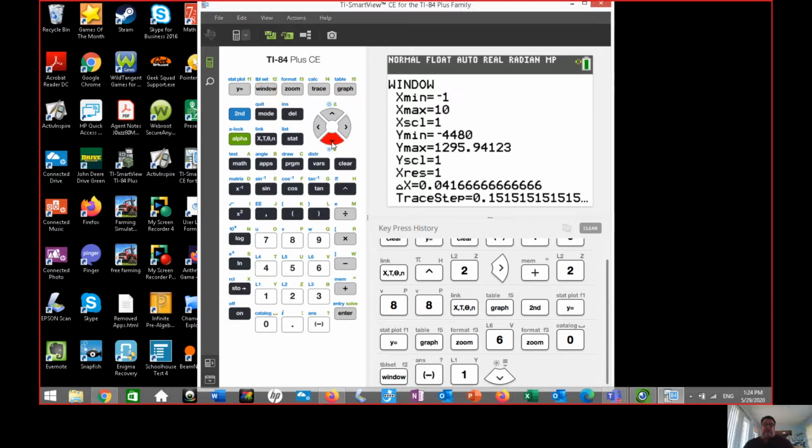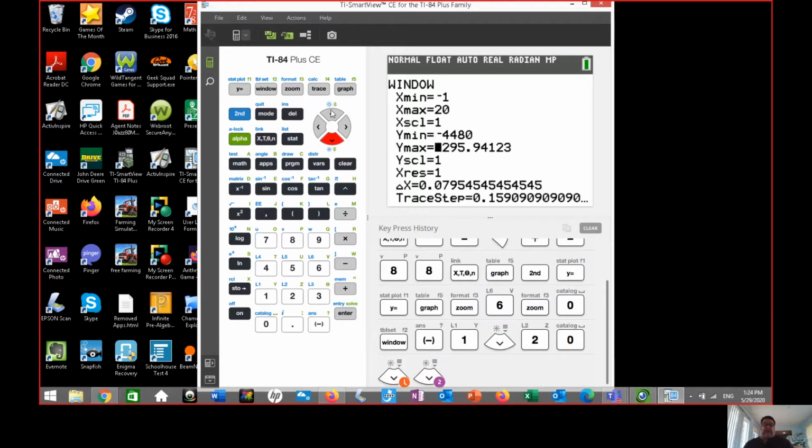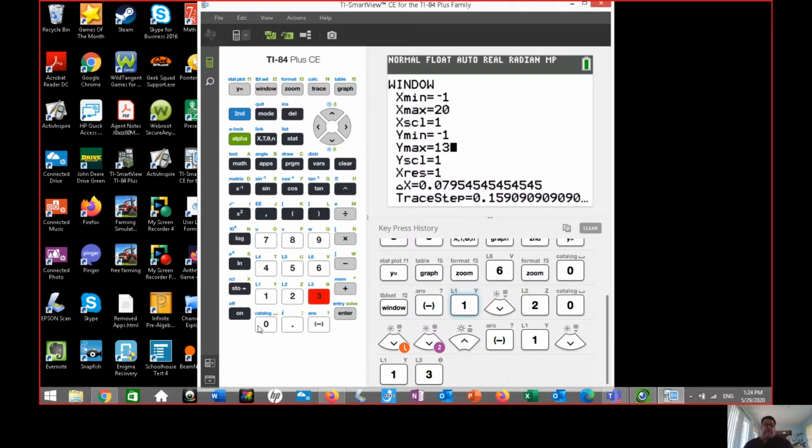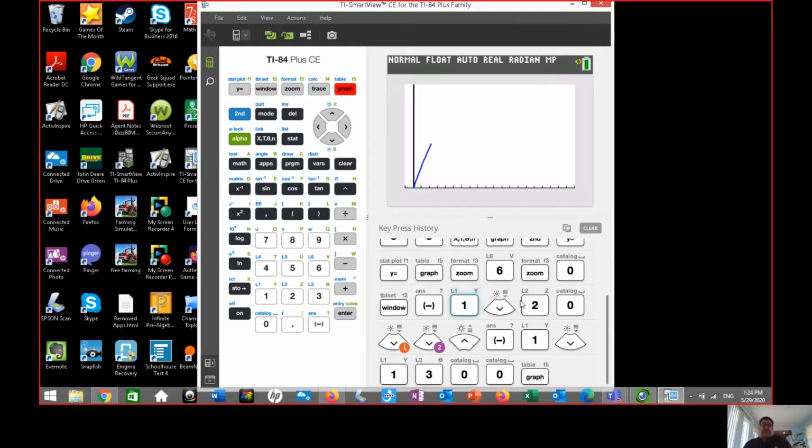Now we know that our highest value on the x-axis is 18, so I'm going to make it 20. And then -1 on the y-axis. And we know our highest number that we need to worry about there is 1296, so I'm going to put mine at 1300. Now hit graph. And you should be able to see the whole graph. There you go.